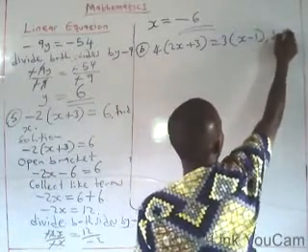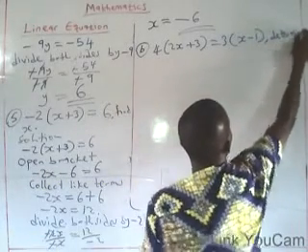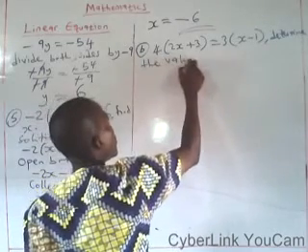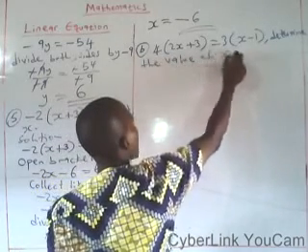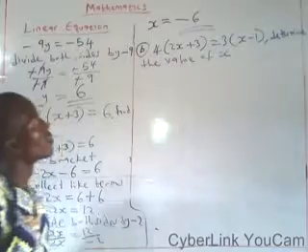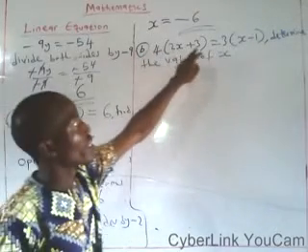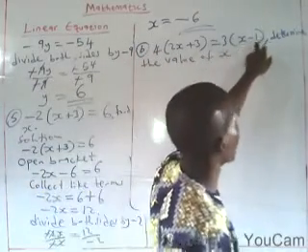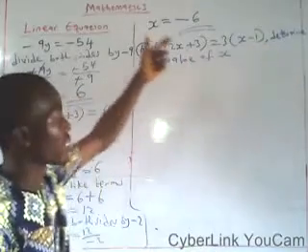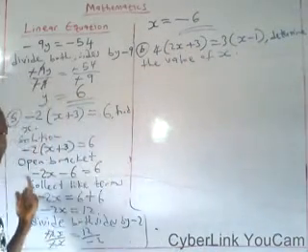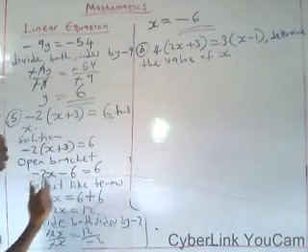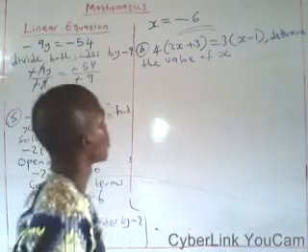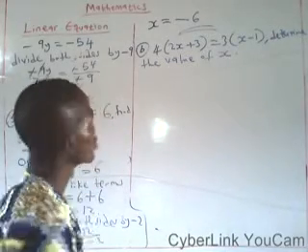Now determine the value of x. 4 into bracket 2x plus 3 is equal to 3 into bracket x minus 1. This is just to tell you that it is not only one side that we can have what? Brackets. You can have brackets in both what? Sides.